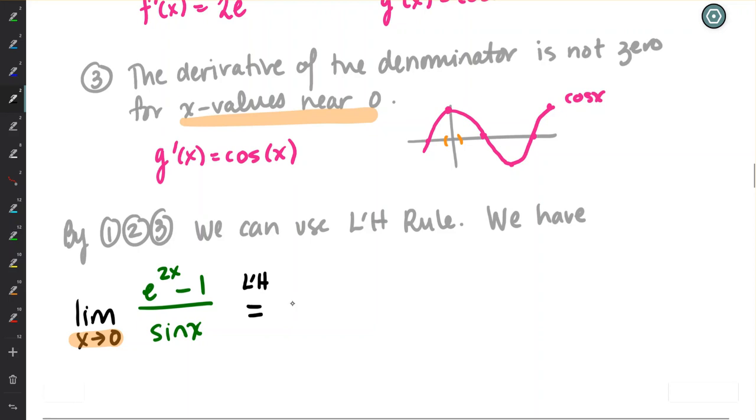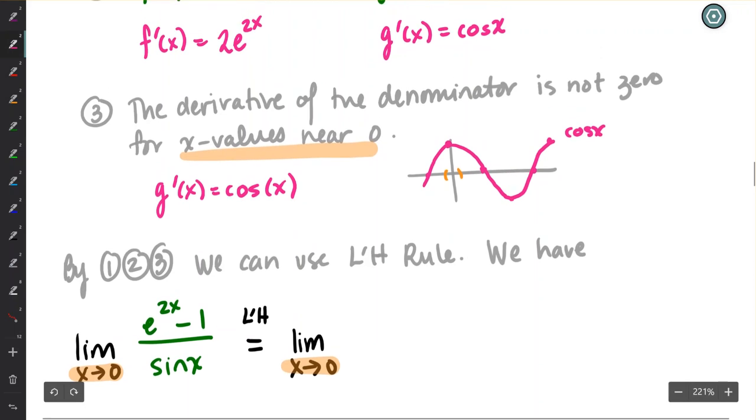It's helpful for your reader to know what you're using. Is equal to the limit as x approaches 0 of this totally different function, f prime over g prime. F prime is 2e to the 2x, and g prime is cosine x.